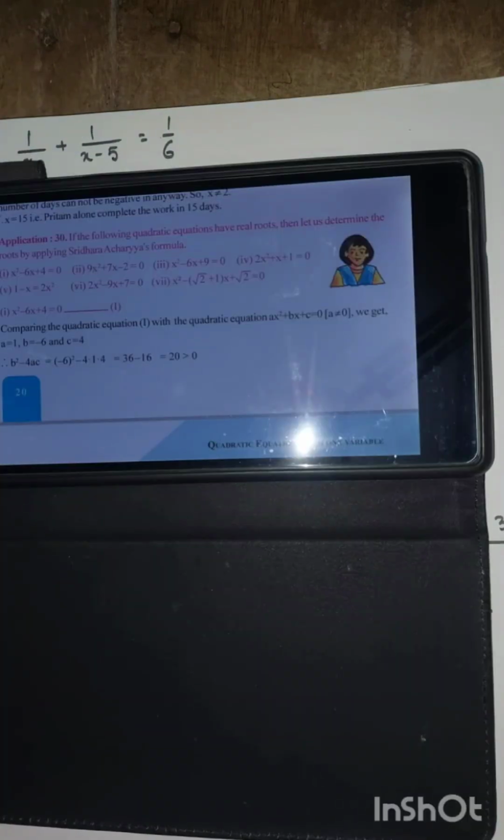Okay, now take another question which says, if the following quadratic equations have real roots, then let us determine the roots by applying Sridhara Acharya's formula. Okay, let us do one question from here.